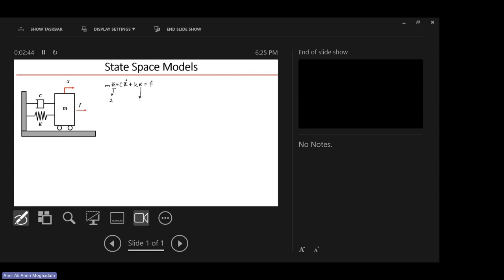Let's call it z1, and its derivative z2. Because, as we just mentioned, we just need two state variables since it's a second derivative of x, we stop here and we're not going to define a third state variable.